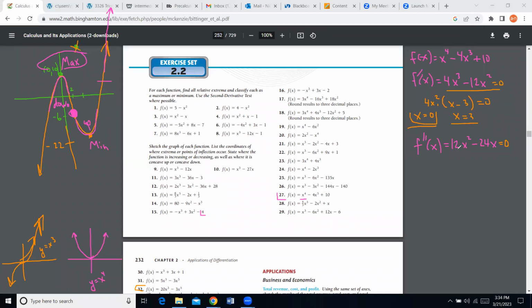Well, let's solve the second one and see what this means. So I take out 12x, right, and have x minus 2 in the parentheses. And notice that 0 actually appears again as one of my solutions.